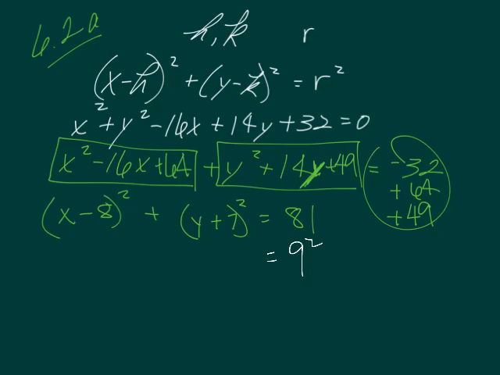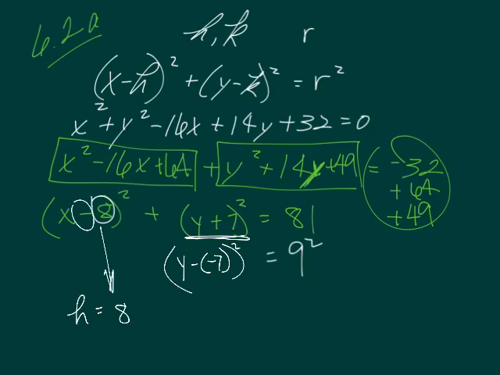And our center is at 8, and also, look at this formula. This is kind of what we did with the parabola. This is y minus k, so we have to change this to y minus negative 7, squared. My h is 8, and my k is this negative 7 right here, and my radius will be 9.